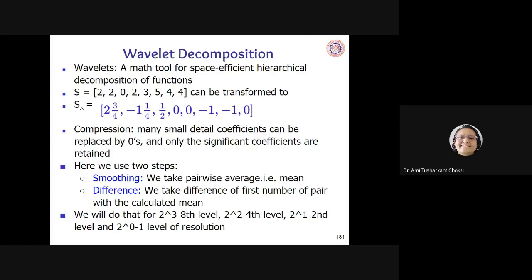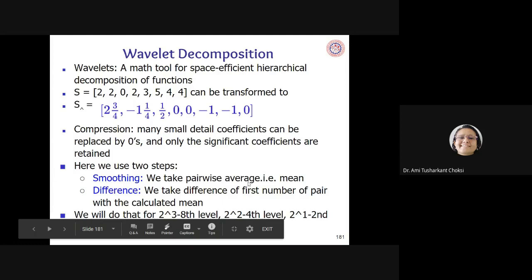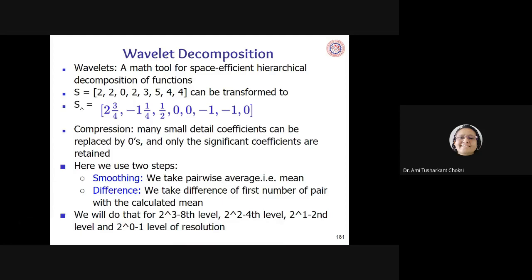Now, here we have two steps: smoothing and difference. Smoothing means we take the pairwise average, that is the mean, right? And difference is we take the difference of the first number of the pair with the calculated mean, right?